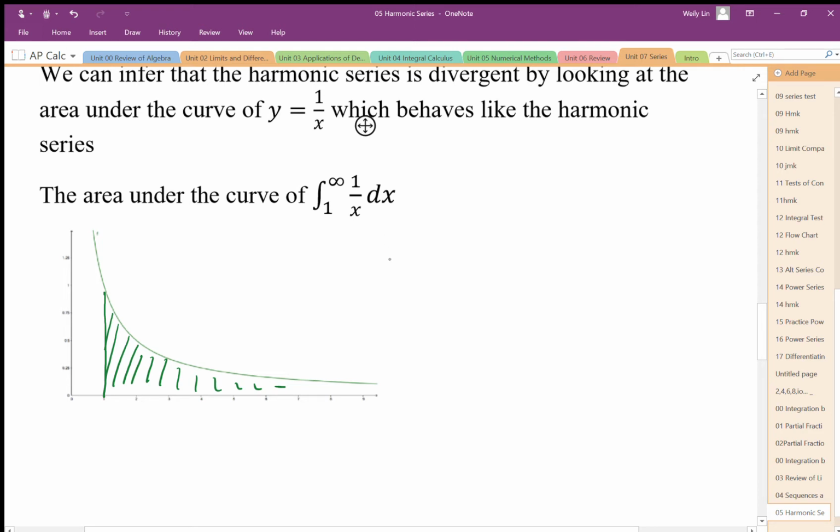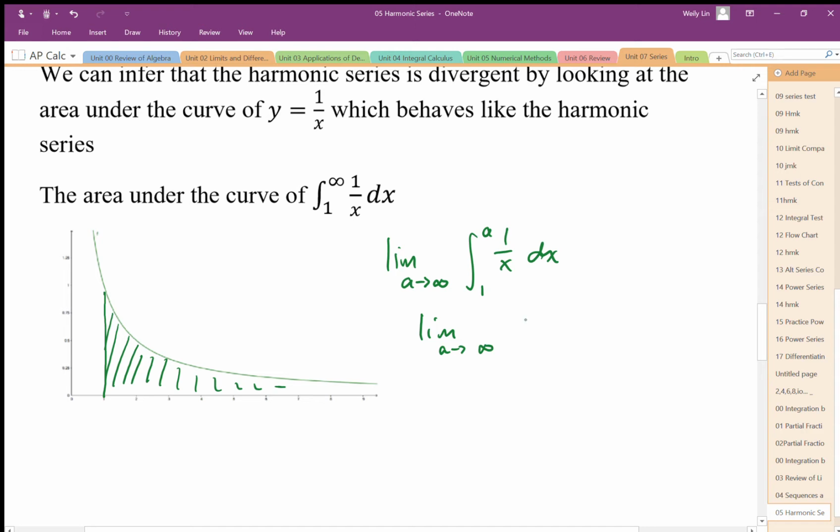To set this up, we need the limit as a goes to infinity of the integral from 1 to a of 1 over x dx. Okay, so we write this as a limit, a goes to infinity.